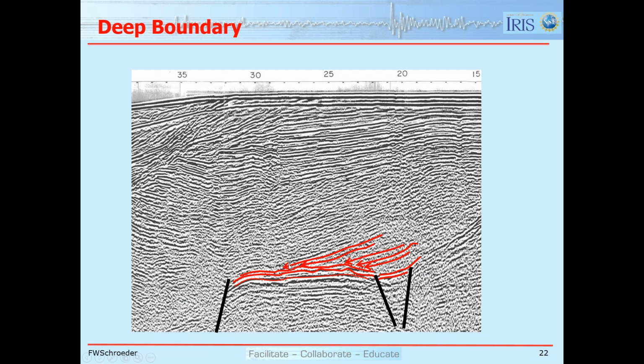If I was doing this live, I would ask the audience, what kind of terminations are these? And I know everybody in my audience today would yell back downlaps, which is correct. So I can put a seismic sequence boundary right through there.